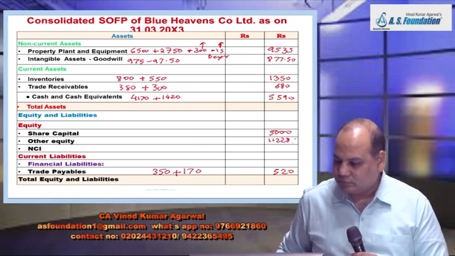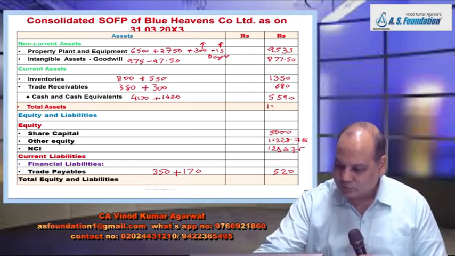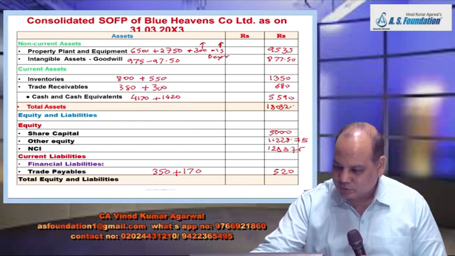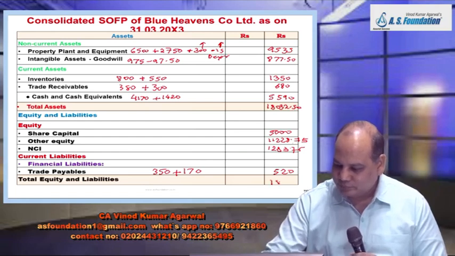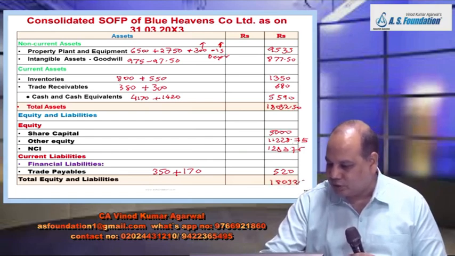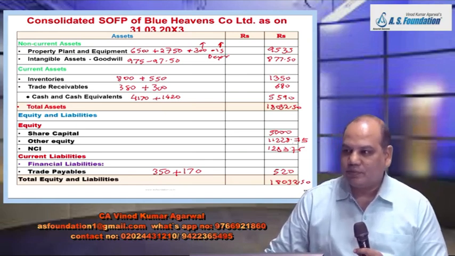NCI 12. Take total. 18032.5. Is it tallying?